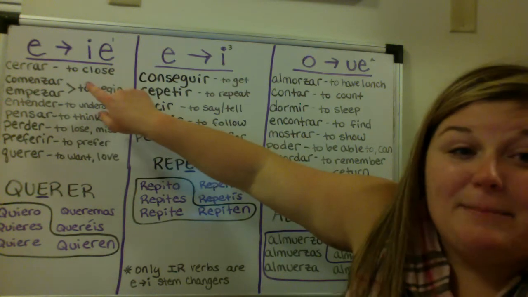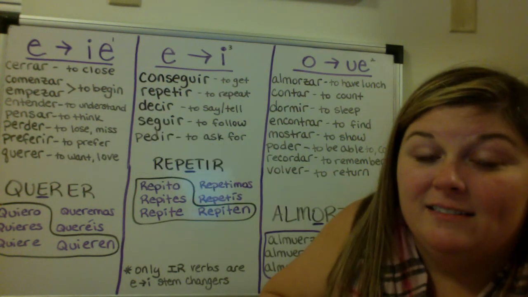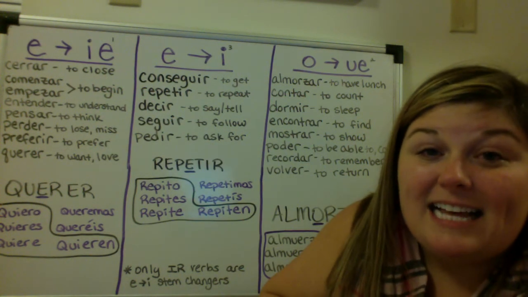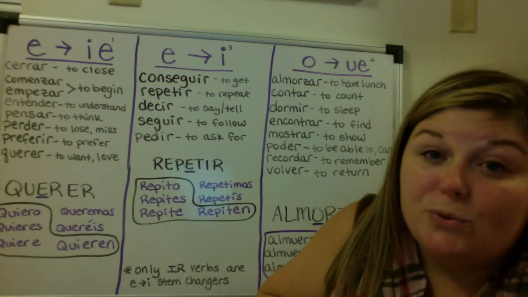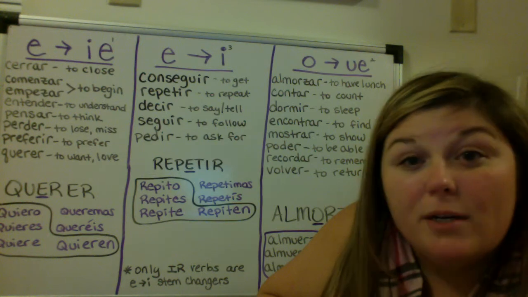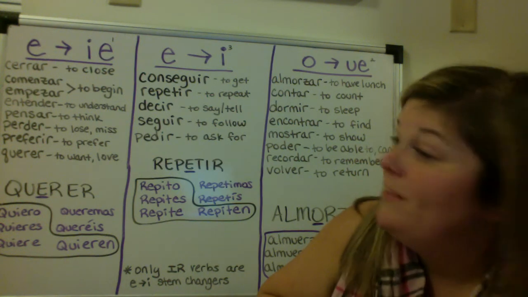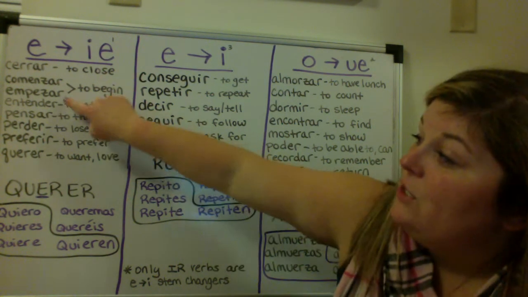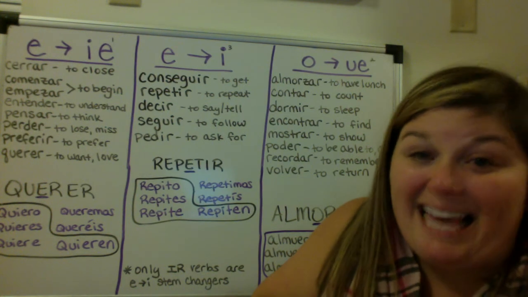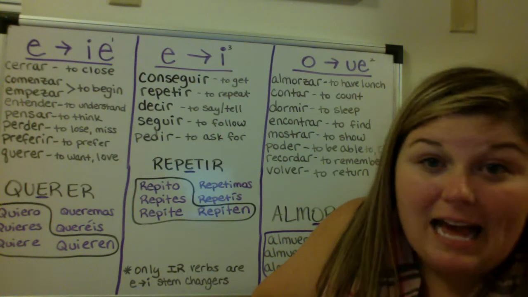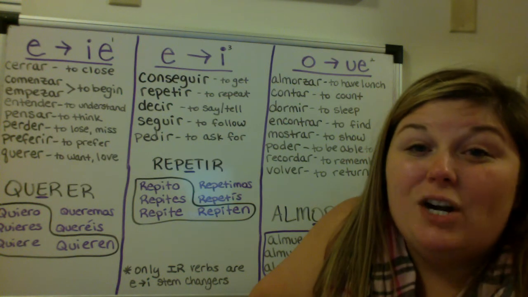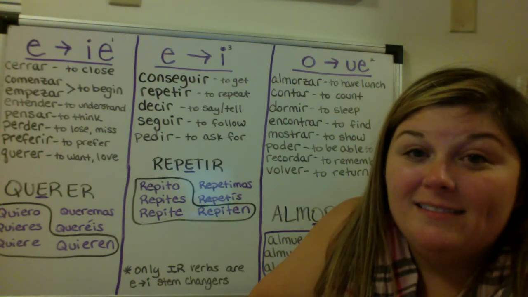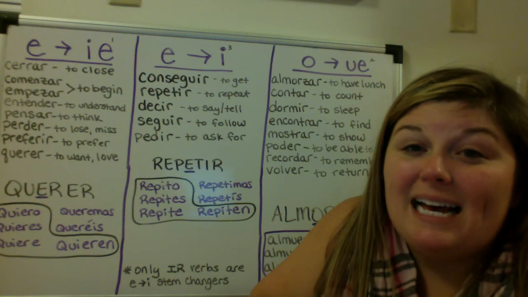All right, repiten, cerrar. Cerrar means to close, like close your book, close the door. The next two verbs both mean to begin, to begin class, to begin your test. So, repiten, comenzar, empezar.